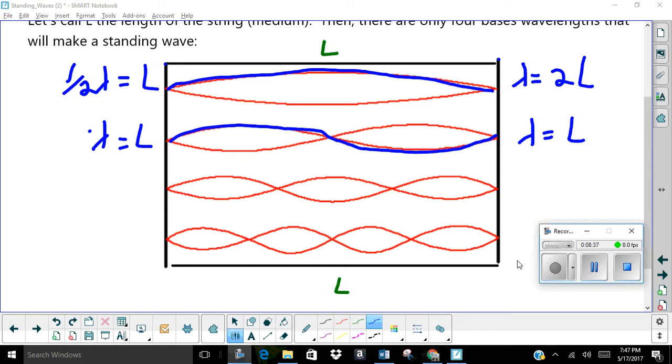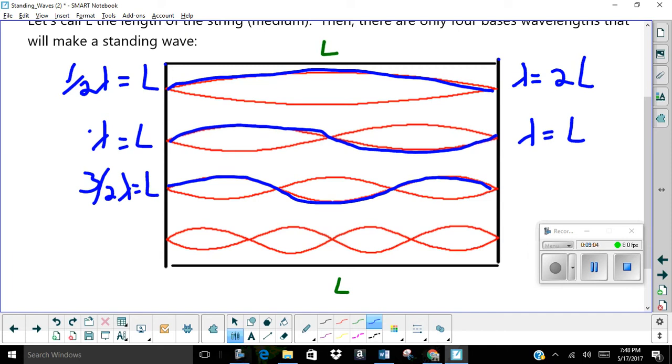In the third harmonic, what you will see here is that you have 1.5 wavelengths inside of the length of the string. 1.5 wavelengths equals the length of the string.